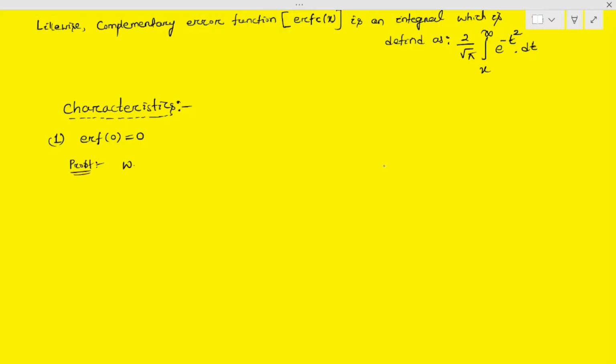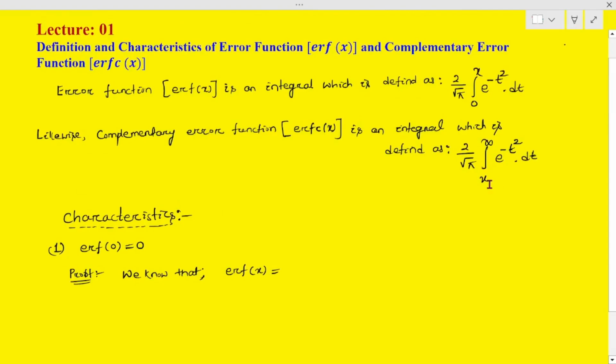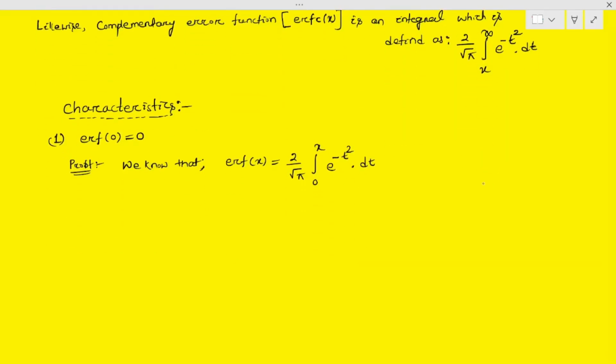How? Here you can see, we know that in general the error function of x is written as 2 by root pi, integration 0 to x, e to the minus t square dt. We have to find the error function of 0.